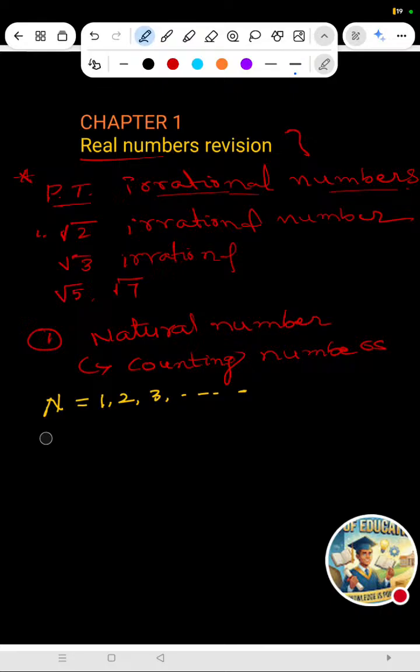Then the next numbers are the whole numbers, denoted with the letter W. Whole numbers start with 0, 1, 2, 3 and continue.